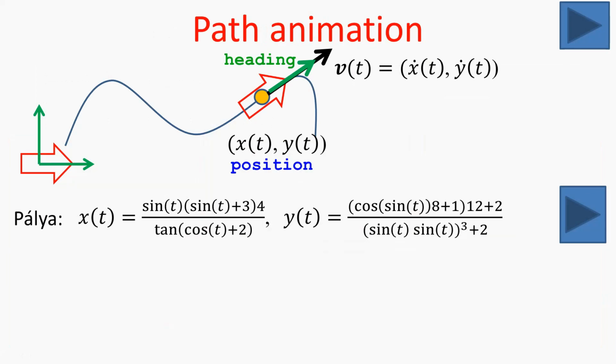I demonstrate this with an example, and this example is pulse animation. Suppose that on the two-dimensional plane we want to animate an object and force this object to go along a path.